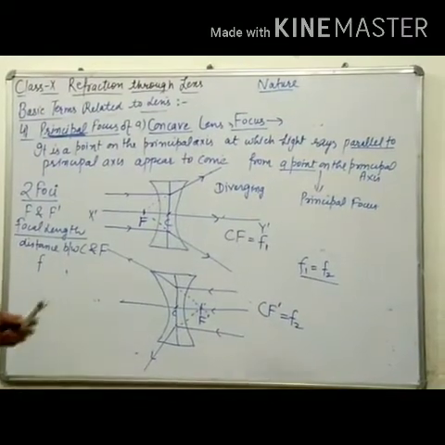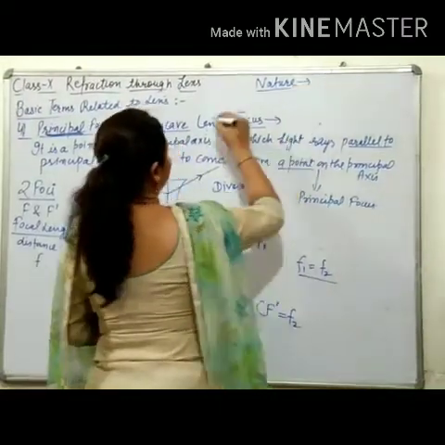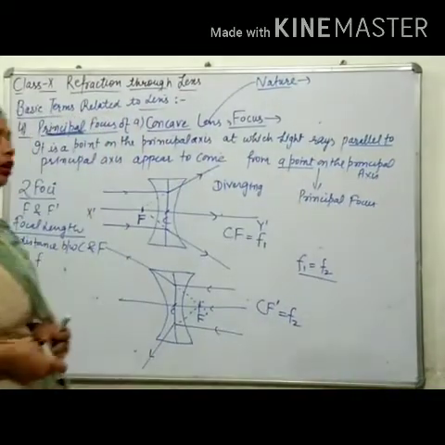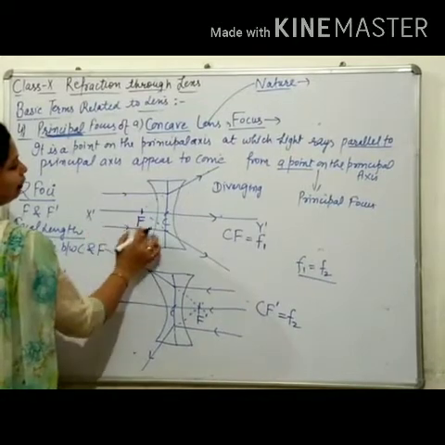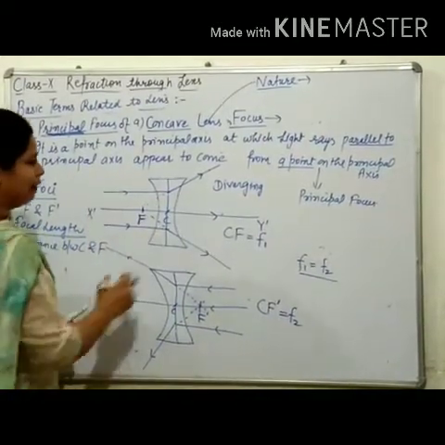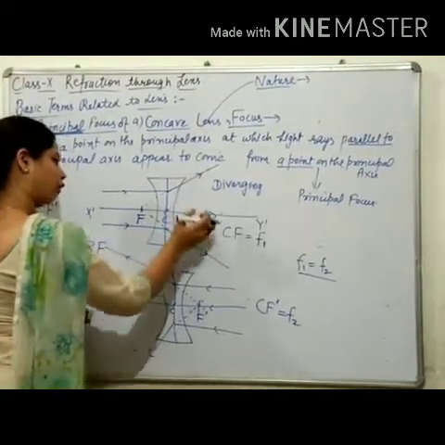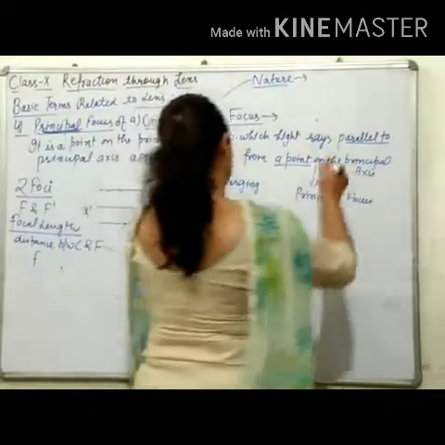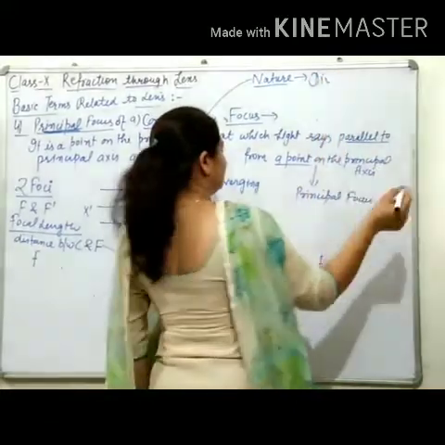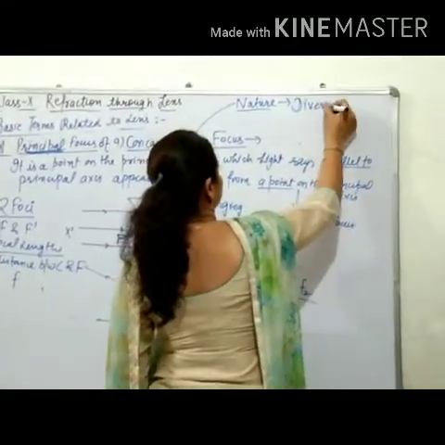Now, what is the nature of a concave lens? The rays which were parallel to the principal axis diverge in the forward direction when they pass through the concave lens. Diverge means they spread in the forward direction. So its nature is diverging nature.